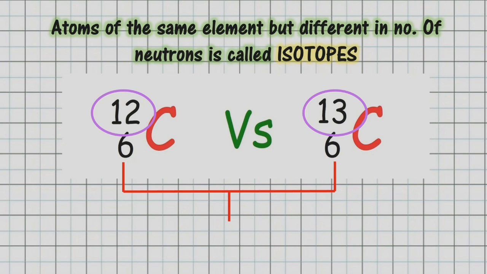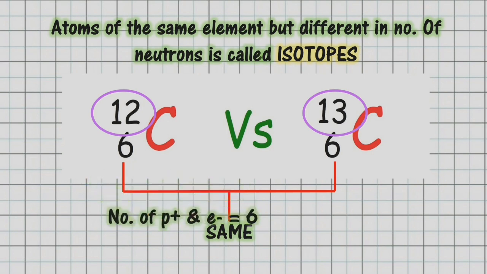As you observe in the illustration, it has the same element, which is carbon, which has the same atomic number, 6, but different atomic mass. The first carbon has 12 and the other carbon is 13.